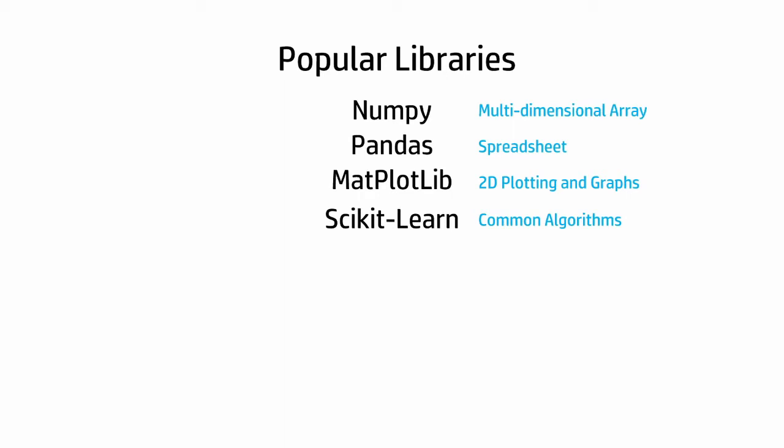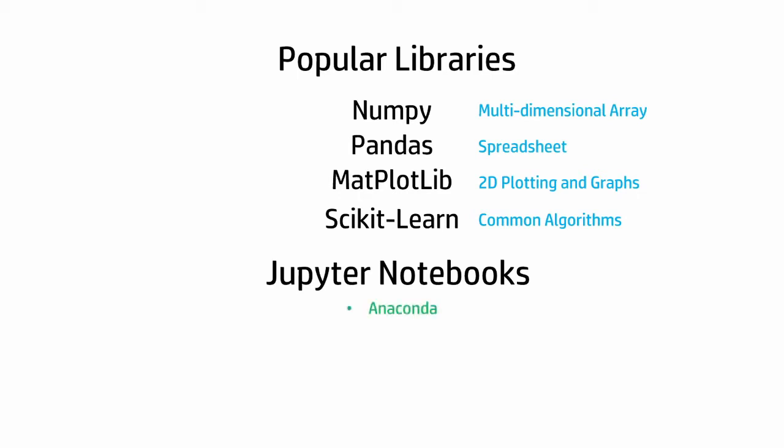We're not going to use Visual Studio Code in this one. We're going to switch over to something called Jupyter, which is the environment we're actually going to work in. To do this, we're going to need Anaconda, which is the platform we'll be working in here.